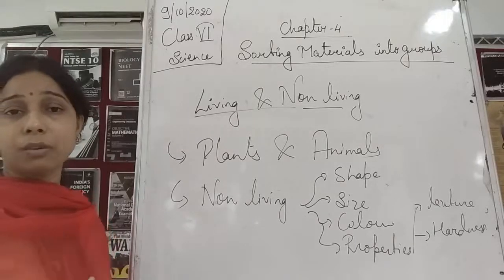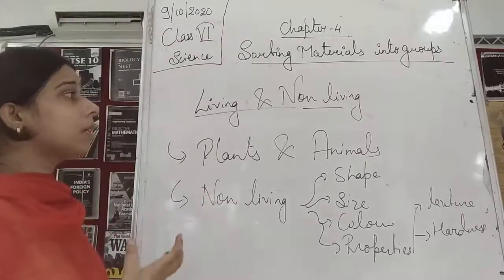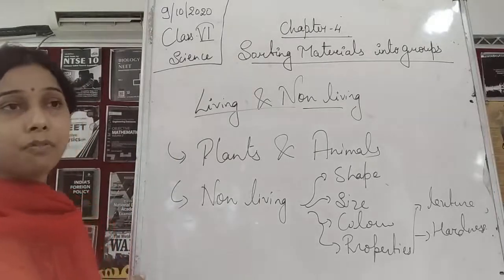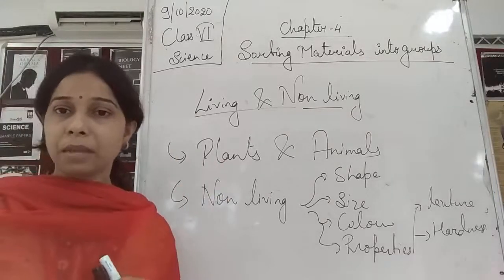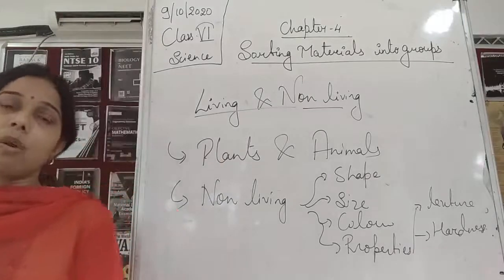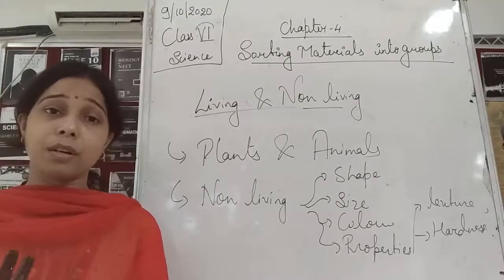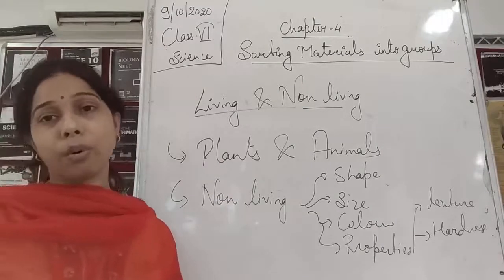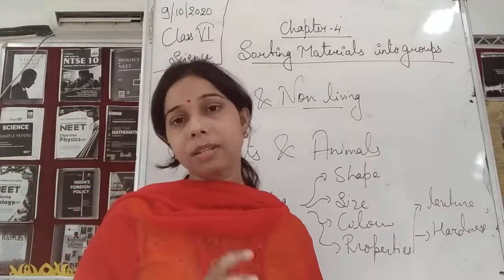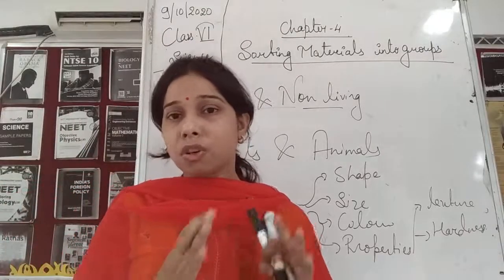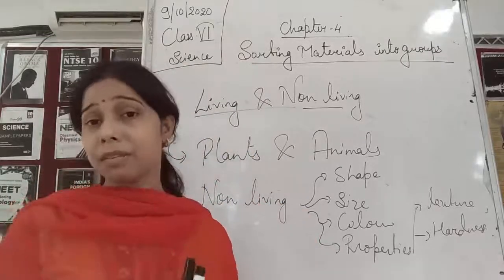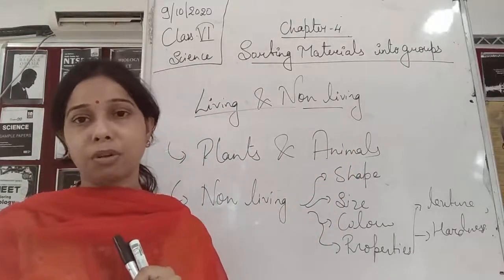Now, what are the advantages, students, of this classification? First of all, it will be very easy for us to locate things if they are in a group. I gave you an example yesterday also: if you are going to a shop, and you want something, and the shopkeeper has classified all the things into different groups, it will be very easy for him to find that particular object.